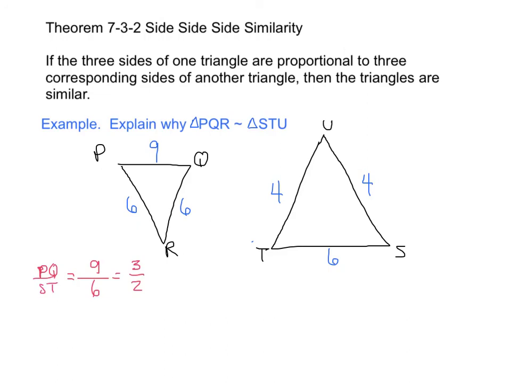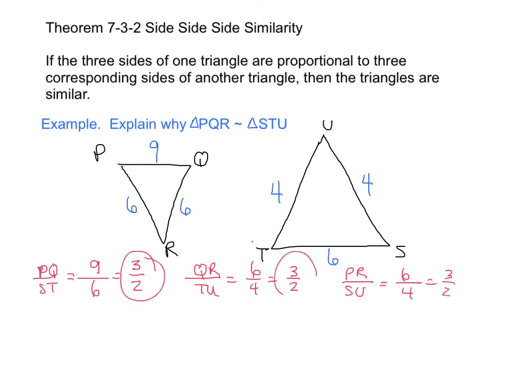Let's set up another proportion, now with the second and second. So we're going to do QR over TU, where QR is 6 and TU is 4, and this reduces down to 3 over 2 again. Let's set up our last proportion with PR over SU, which is 6 over 4, which again reduces to 3 halves.